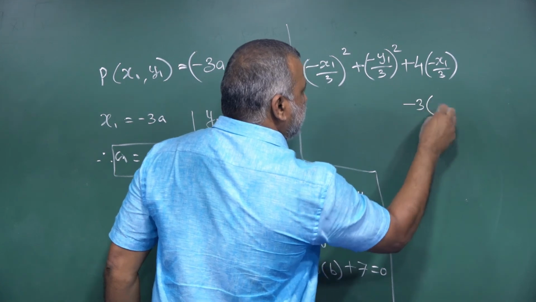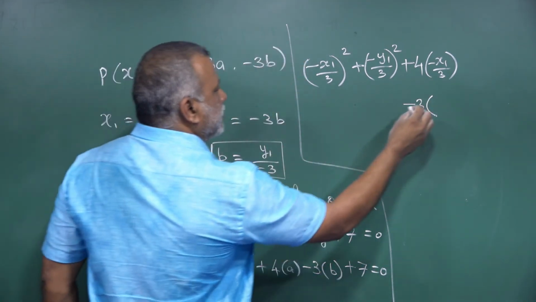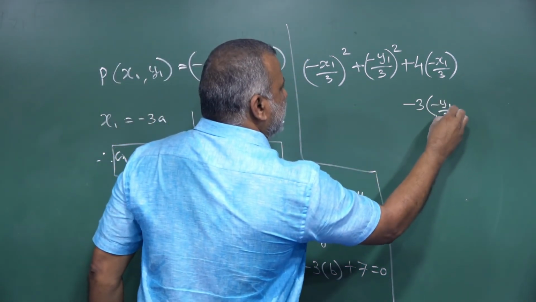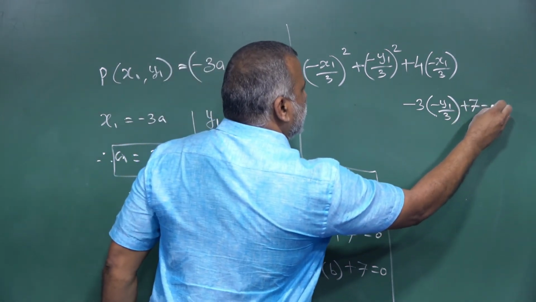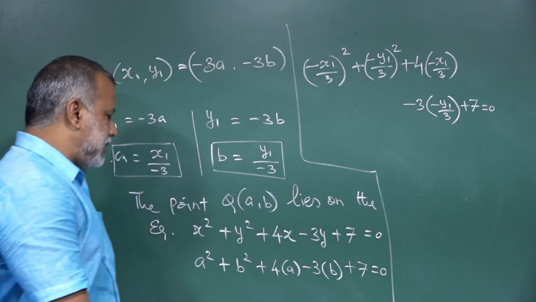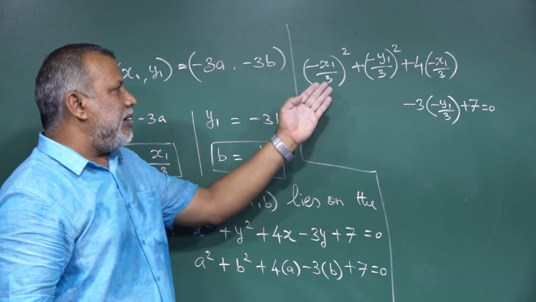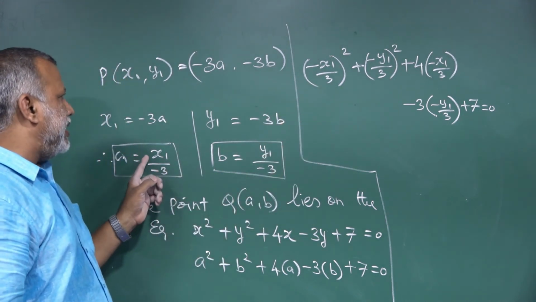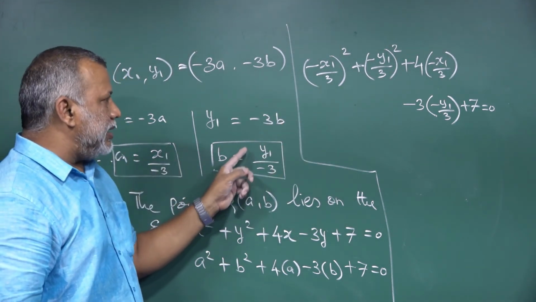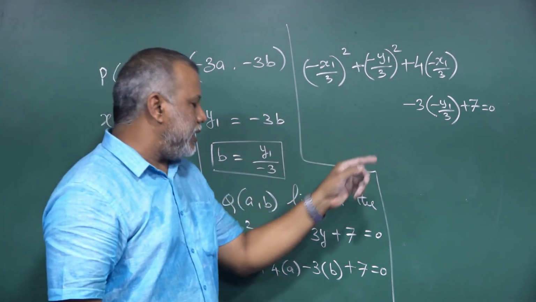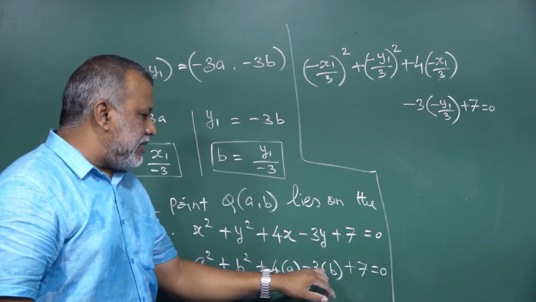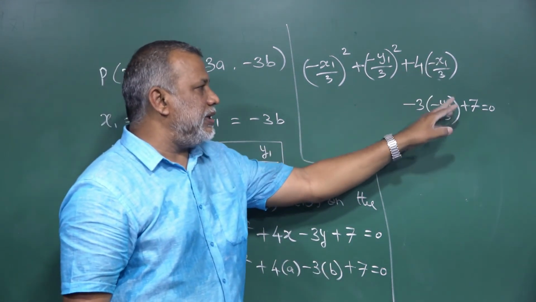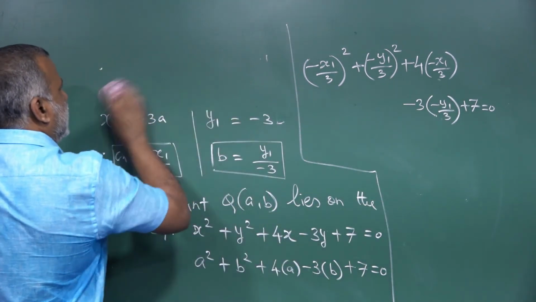See, minus 3 times the value of b, minus y1 by 3, then plus 7 equal to 0. So, dear students, just replace the value of a comma b here. A is replaced by minus x1 by 3 the whole squared, b is replaced by minus y1 by 3 the whole squared, then this a is replaced by 4 times minus x1 by 3 minus 3, b is replaced by minus y1 by 3 plus 7 equal to 0.